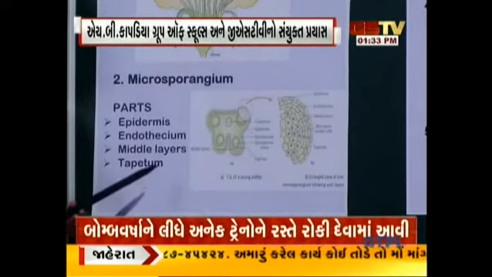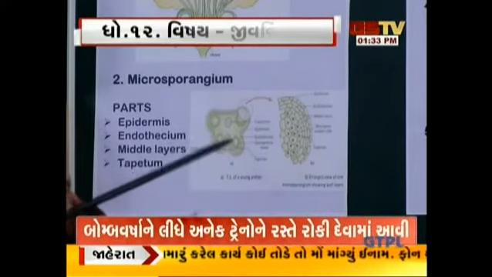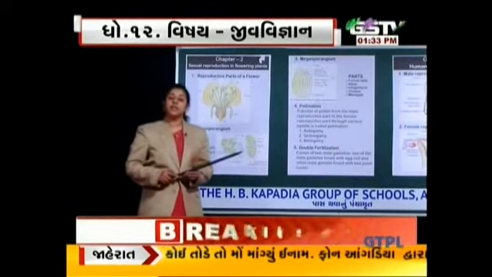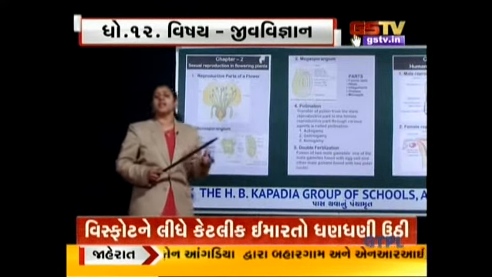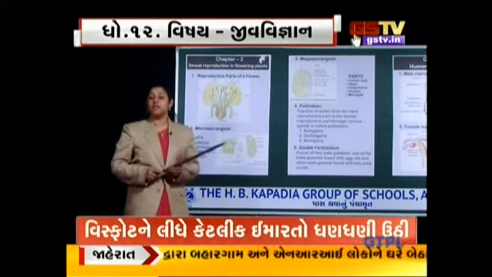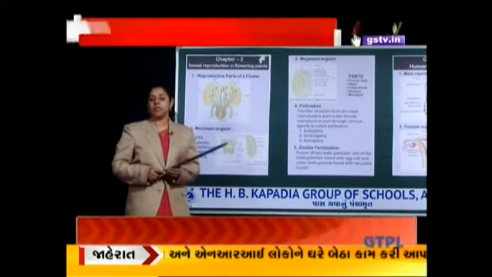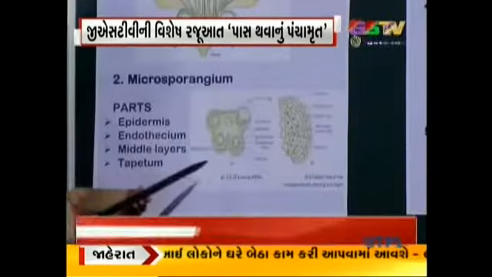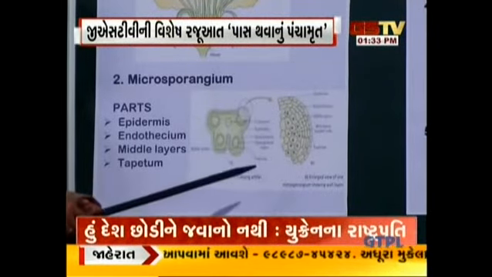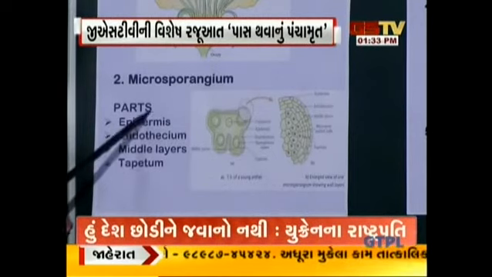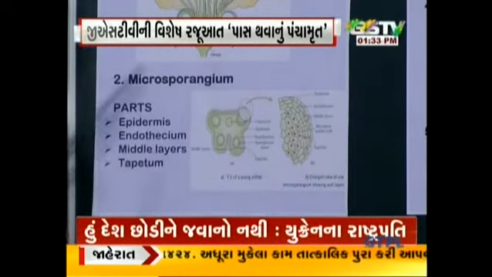Tapetum is a layer which provides nourishment for the developing pollen grains. You know that pollen grain is a live structure, so it needs nourishment. From where will it get the nourishment? That nourishment is given by the tapetum. So these are the 4 parts of a microsporangium: epidermis, endothecium, middle layer and tapetum.